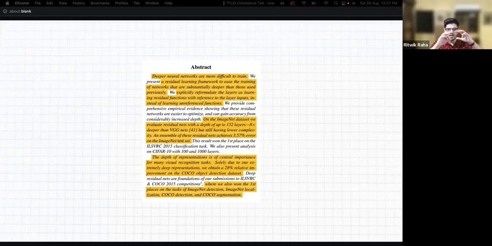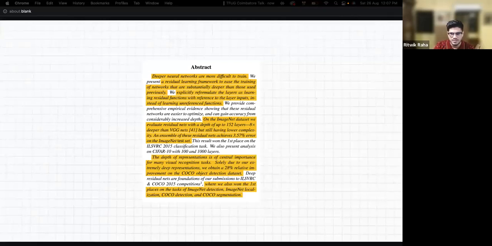Instead of trying to learn the underlying function directly, which is what deep learning is all about, they proposed learning the residual, or just the gap between two network modules.